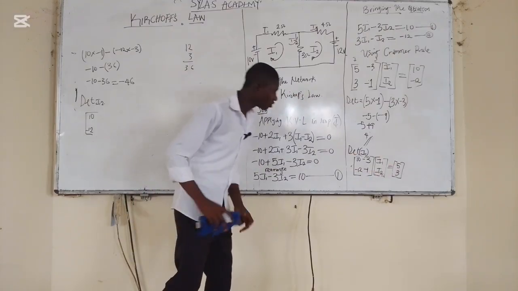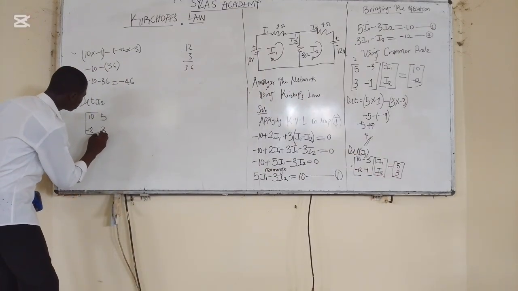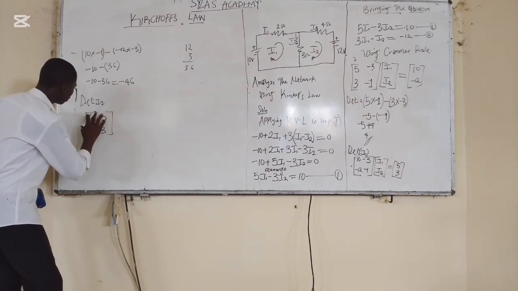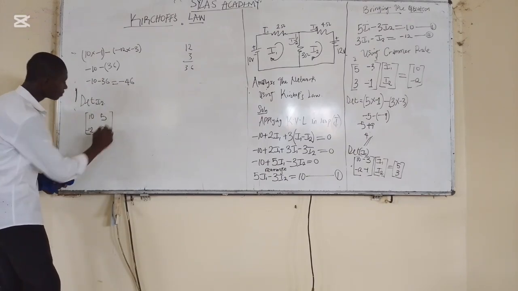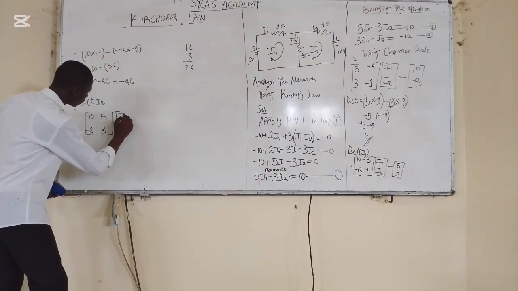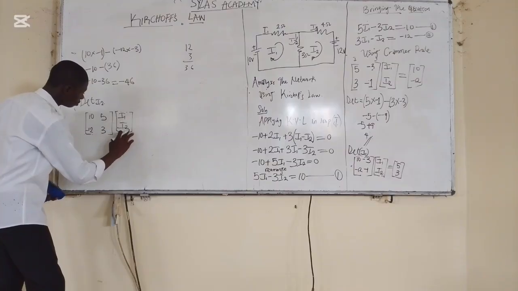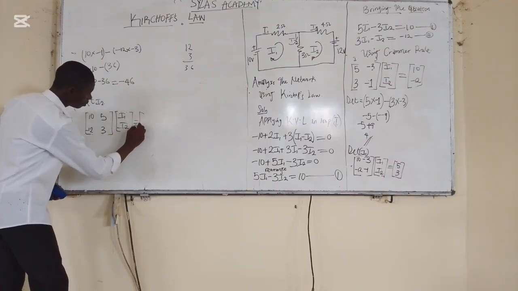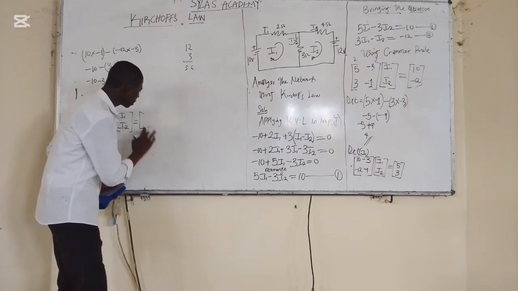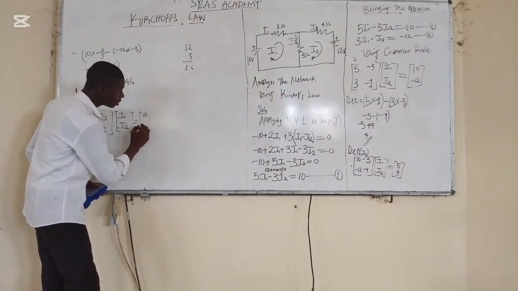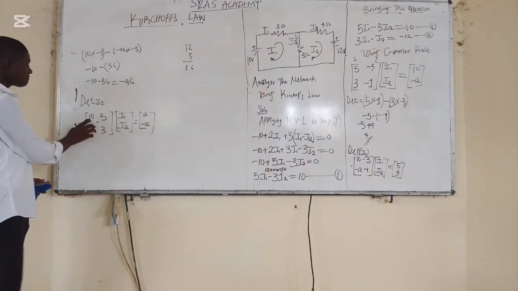We are going to have 5 and 3 like this, into I1, I2, is equal to what? Carry this one I removed, put it inside, which we are going to have 10 minus 12. Find the determinant of this one also.